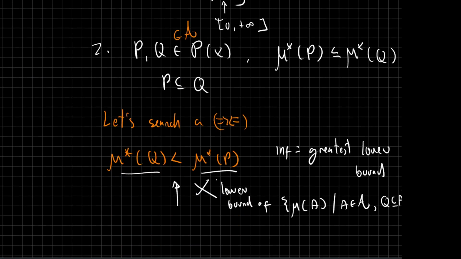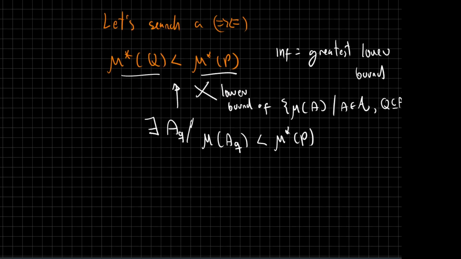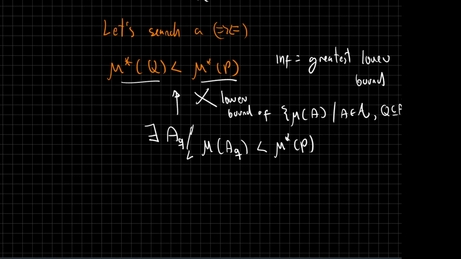So this is not the lower bound of this set, so there should exist some AQ such that mu of AQ is less than this one here, and of course this is more or equal than this value.